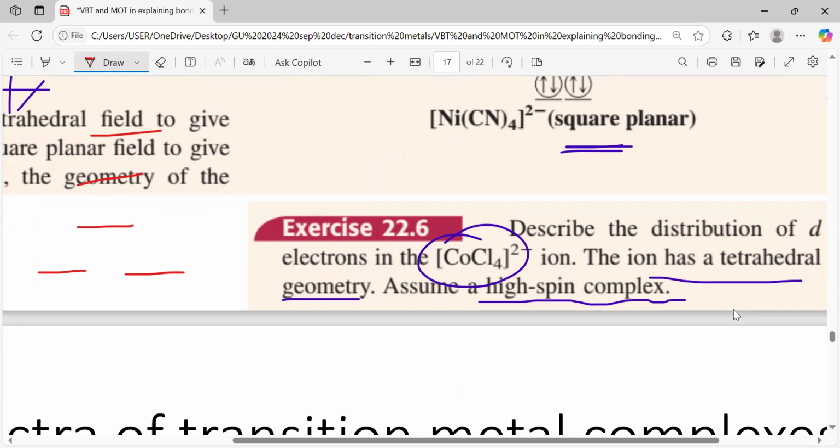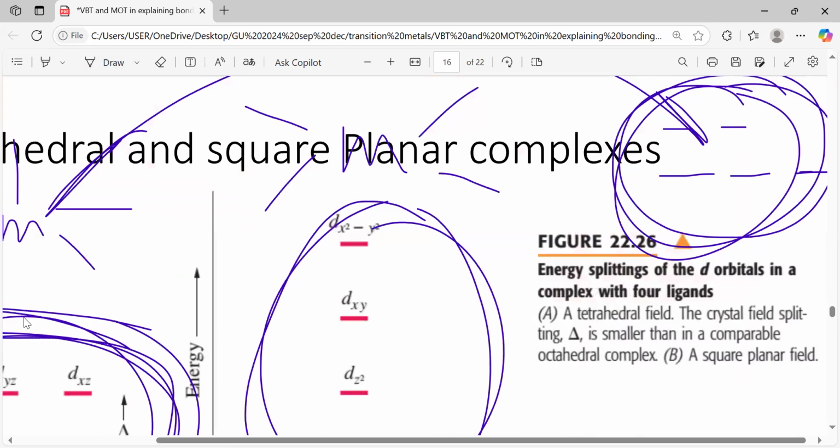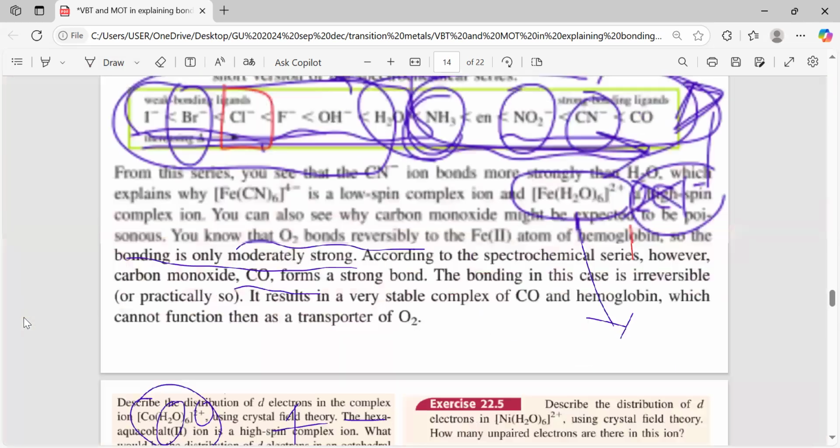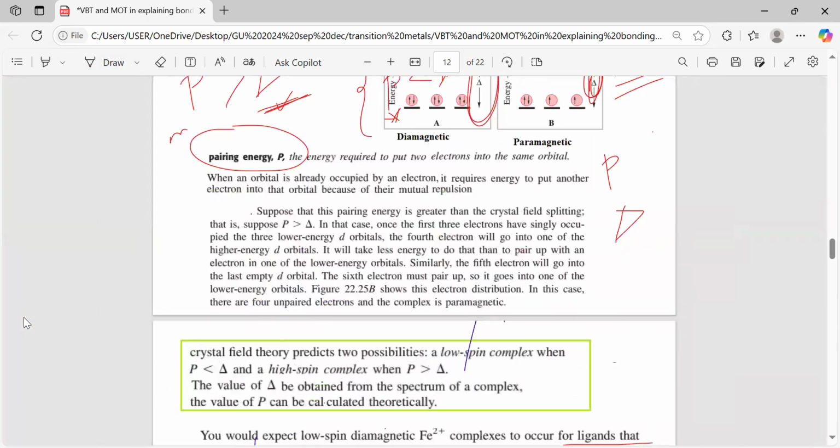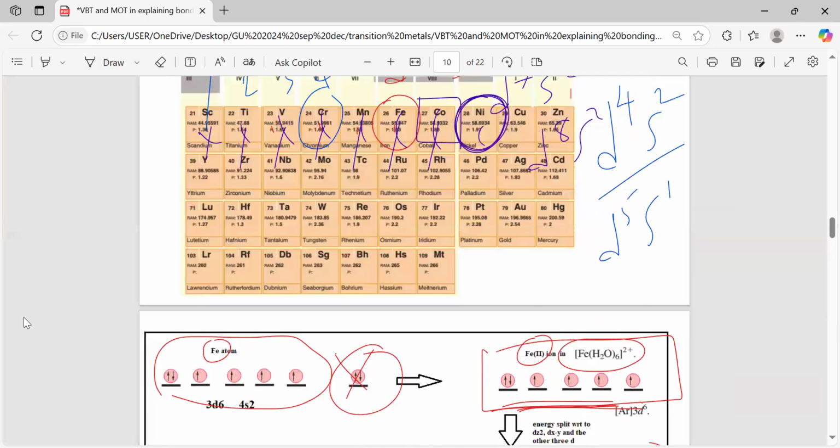Don't pair it up. It's assumed that these split energies are huge. So it is cobalt. We need to find out how cobalt looks, and definitely whether it is d1, d2, d3, and so on. So we quickly scroll to the periodic table and look for cobalt.